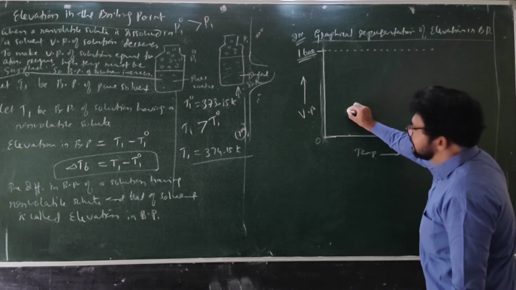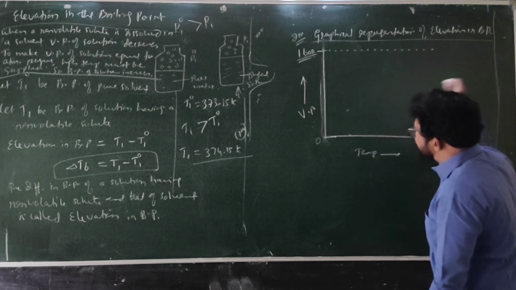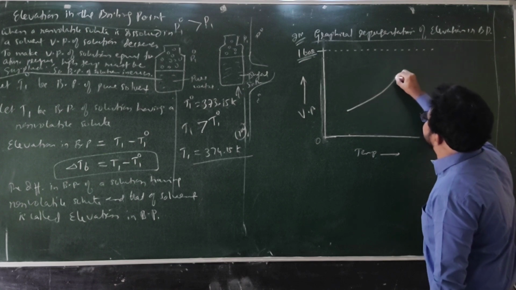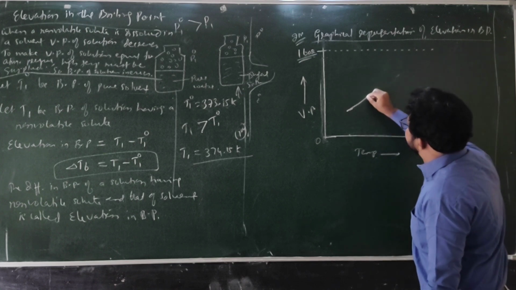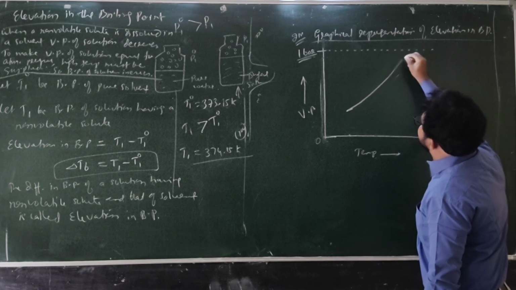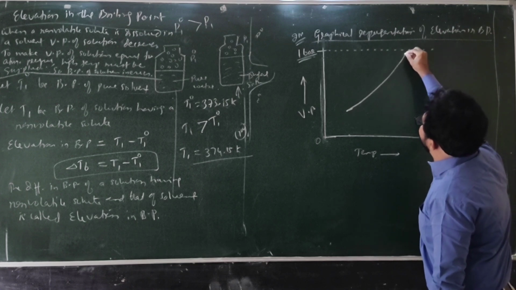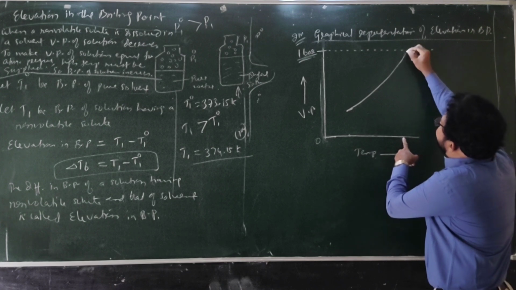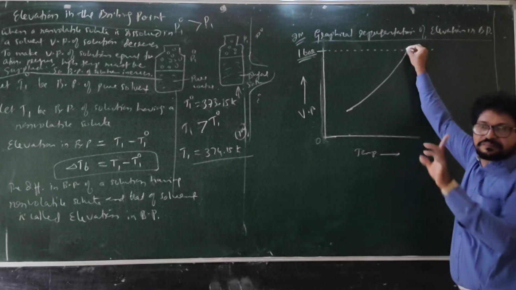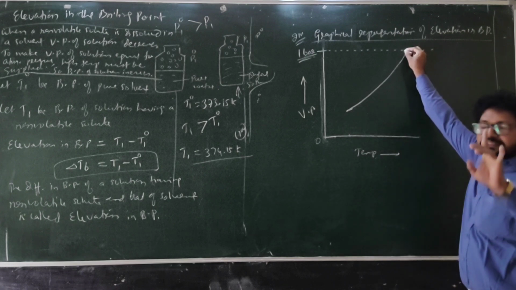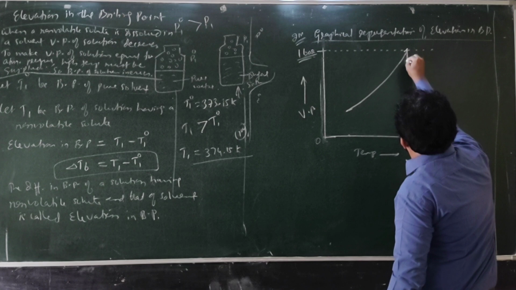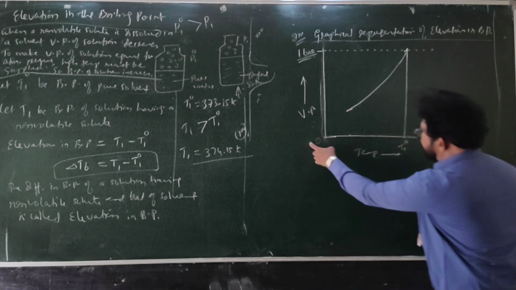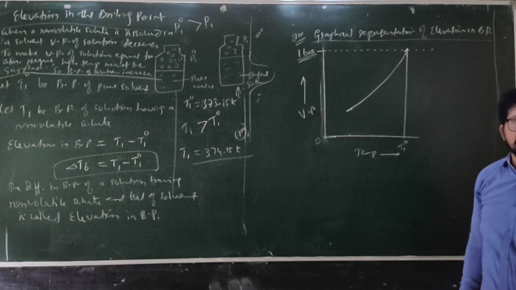What will happen? Vapor pressure increases, directly proportional. Still it is a liquid, not boiled. Now you have reached this temperature, 100 degrees, maybe water, and it is 1 bar. So this is the boiling point of water, T1 naught, on the temperature line.